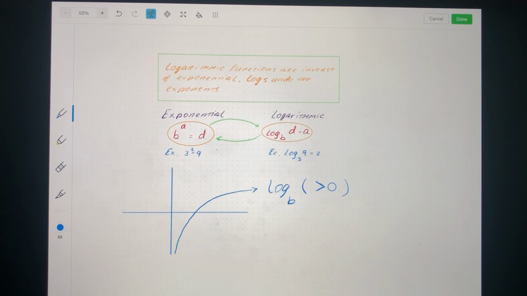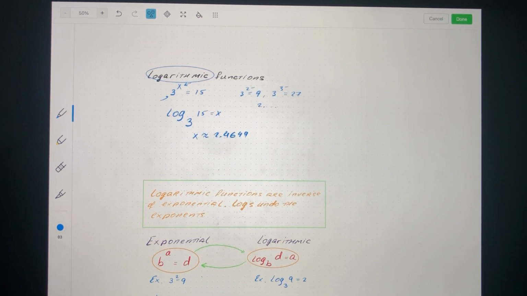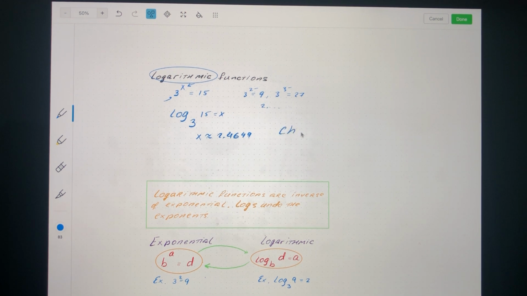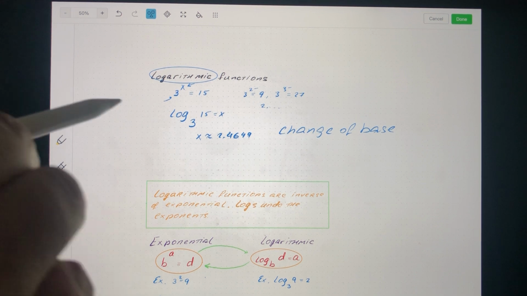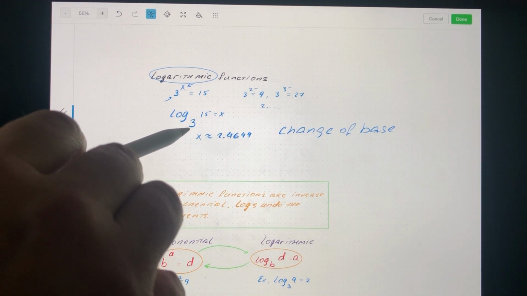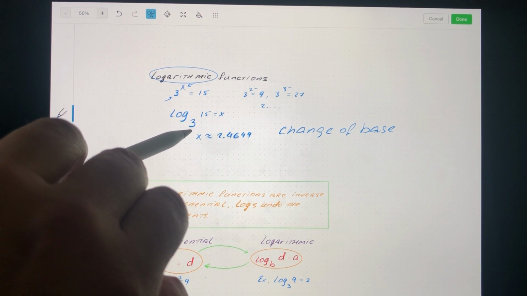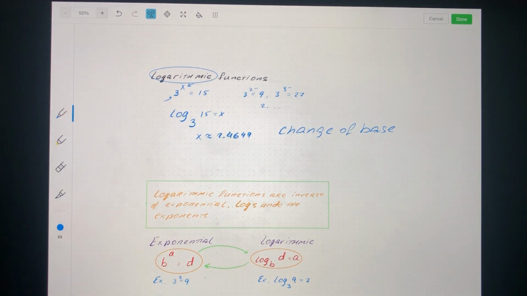If we do not have the feature to use any base, then we need to use what's known as the change of base formula. So for the same example, we could use the change of base formula, and as the name says, it allows us to change from the base 3 to any other base we want. And the base we want is the one we have on the calculator, which is base e or base 10. So the change of base formula works like this. We take logarithm of our base and we switch it to logarithm of any base we want.